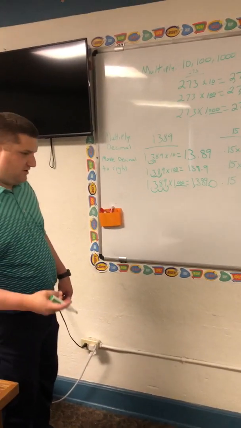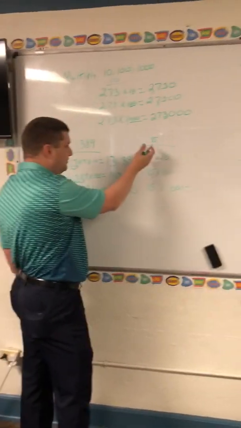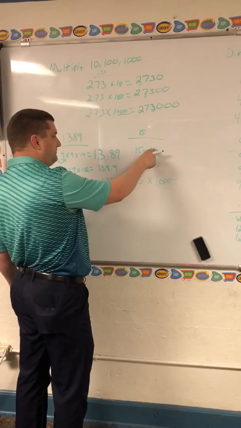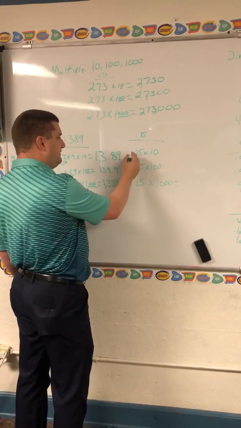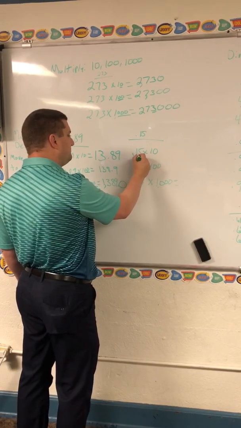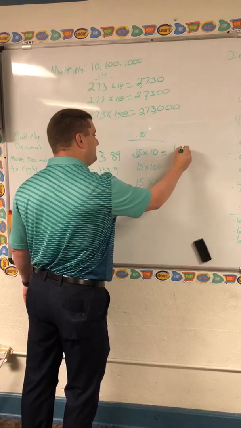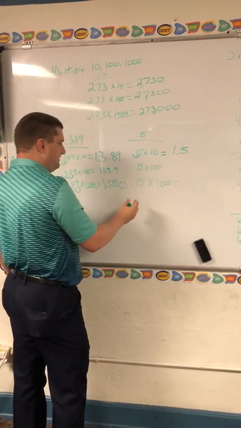To go back over that again, we'll do another one. We have 0.15 times 10. There's 1 zero. So you're moving your decimal over to the right 1 spot. So that would equal 1.5.